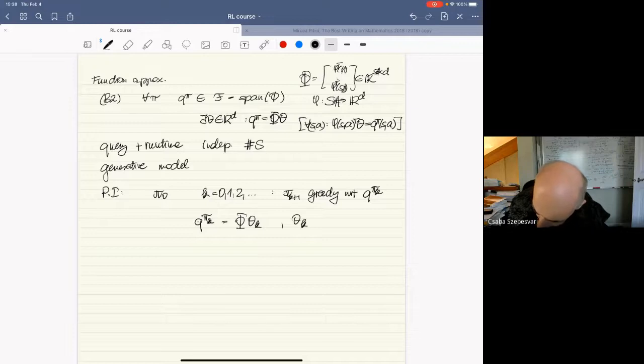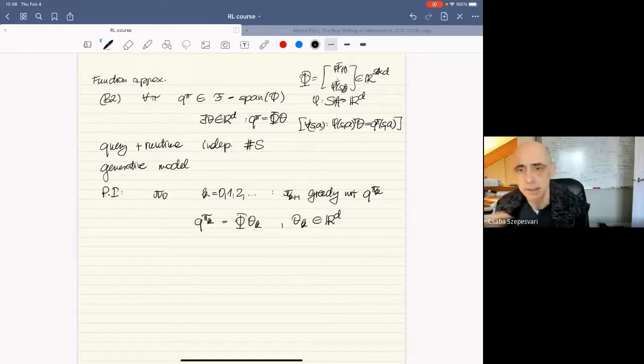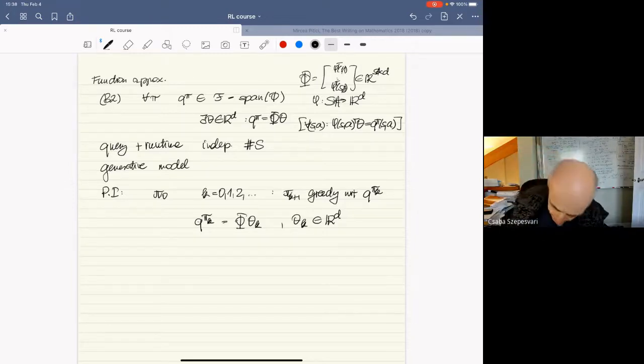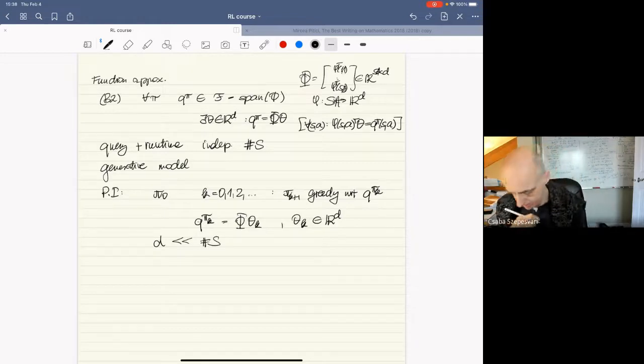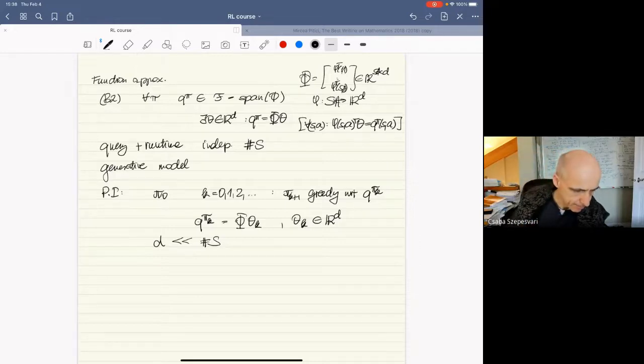So we try to reduce the whole computation that you do in policy iteration to just computing these parameter vectors. And these have d entries in them, and that can be much smaller than the number of states. So if we can do this, then we're going to win.